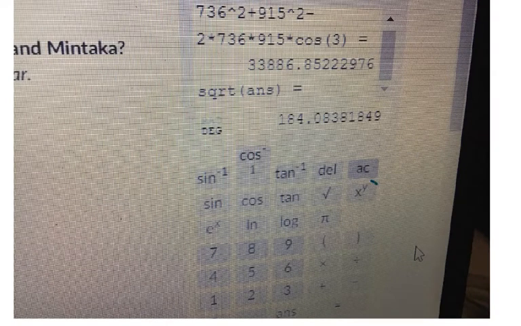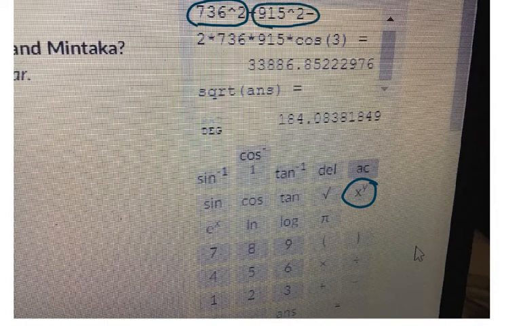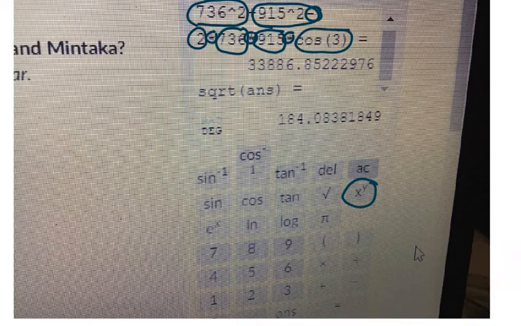Remember, this right here is your power button. It's a little clunky. Practice with it and you'll get it down. But anyways, 736 squared, right? Plus 915 squared minus 2 times 736 times 915 times cosine of 3 degrees.